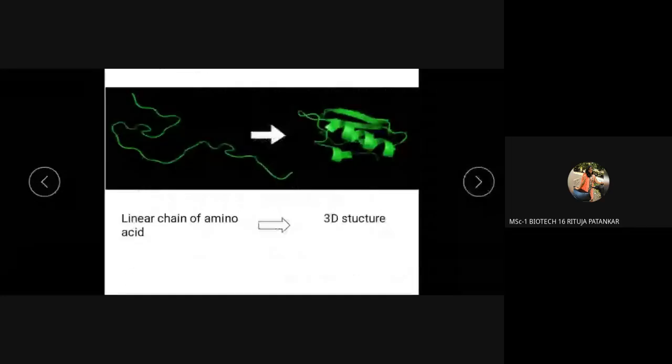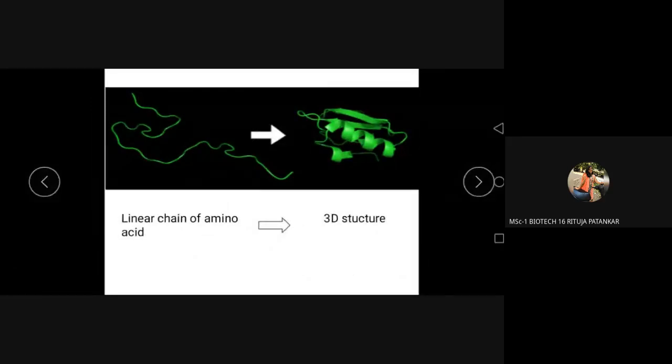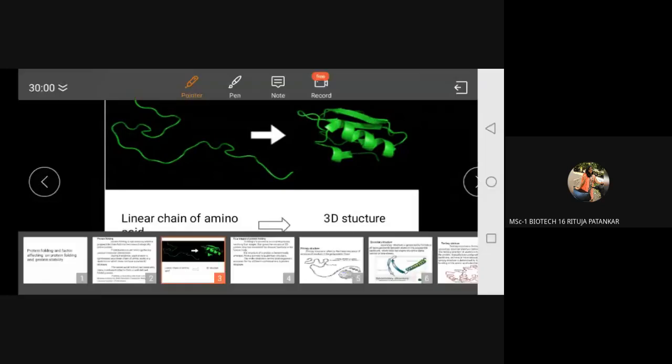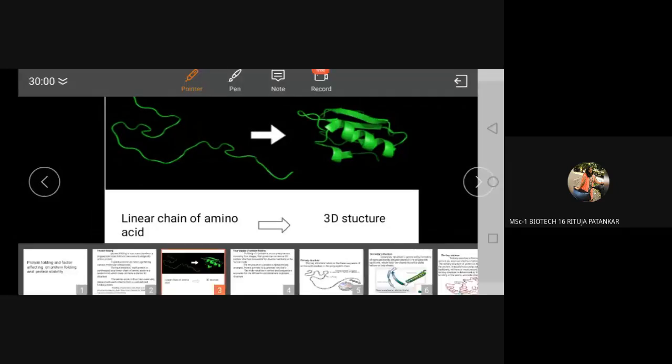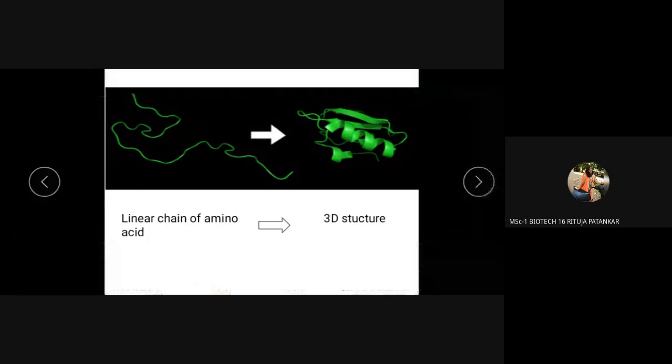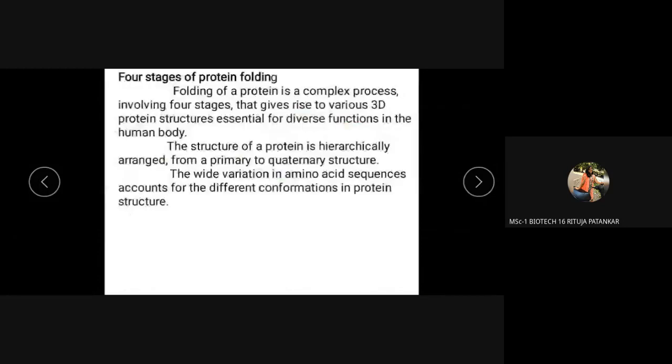In this picture, we can see how proteins are folded into a 3D structure. This is a linear chain of amino acids which gets coiled into a 3D structure. When a protein gets coiled from linear to a 3D structure, it follows some stages, which are primary, secondary, tertiary, and quaternary.